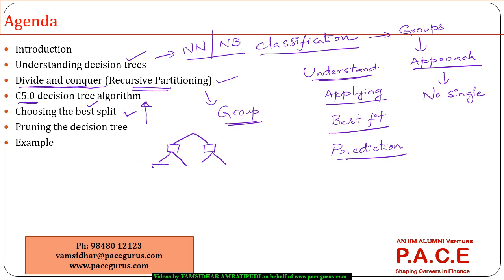And now, if the tree gets built like this, if the tree keeps on growing like this, is there a way where I can take a decision on where to stop the tree? Should I allow this tree to grow to unlimited length, or should I look at a mechanism where I can stop the tree from growing?